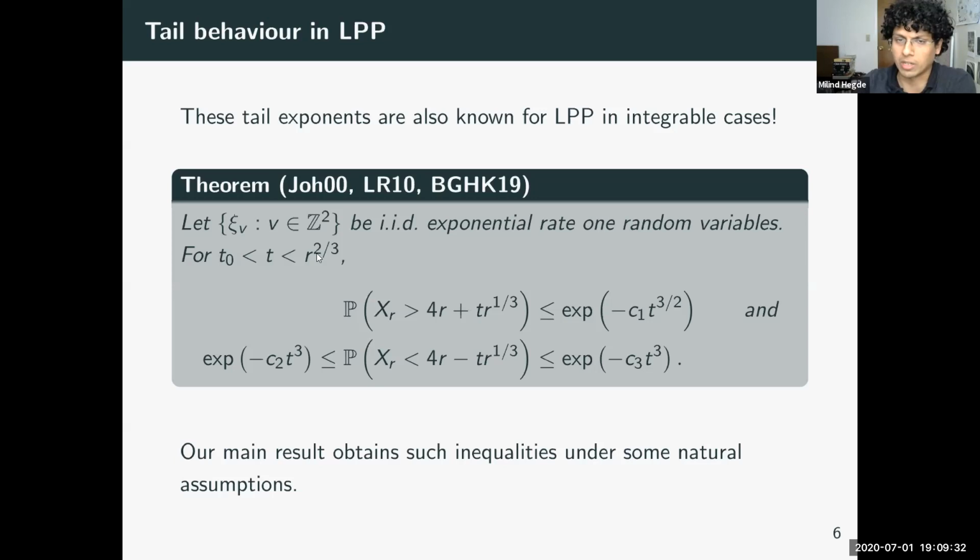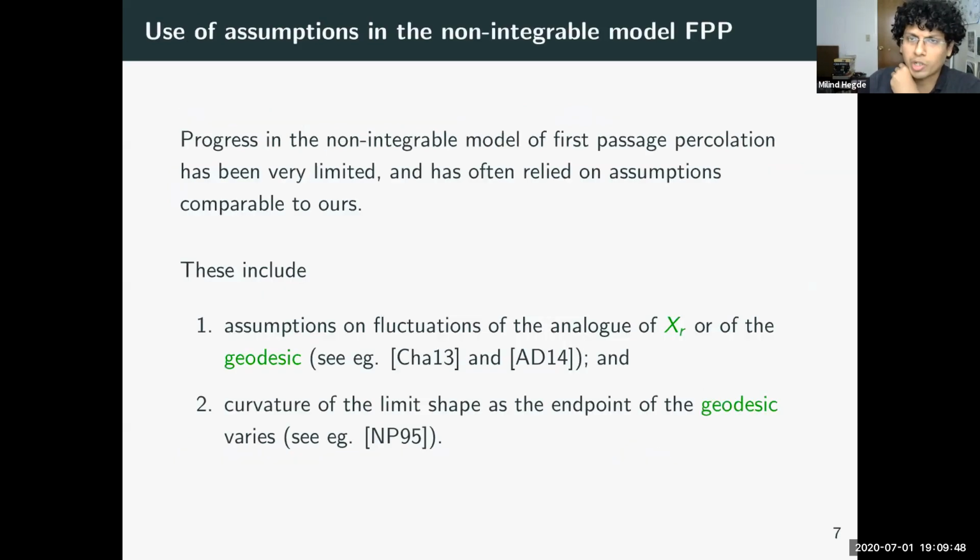It's only up to a certain number, which we'll be coming back to in some time. So our main result is going to obtain such inequalities under some natural assumptions, which we'll describe soon. But before we get to that, I want to talk about the use of some similar assumptions in a non-integrable model of first passage percolation.